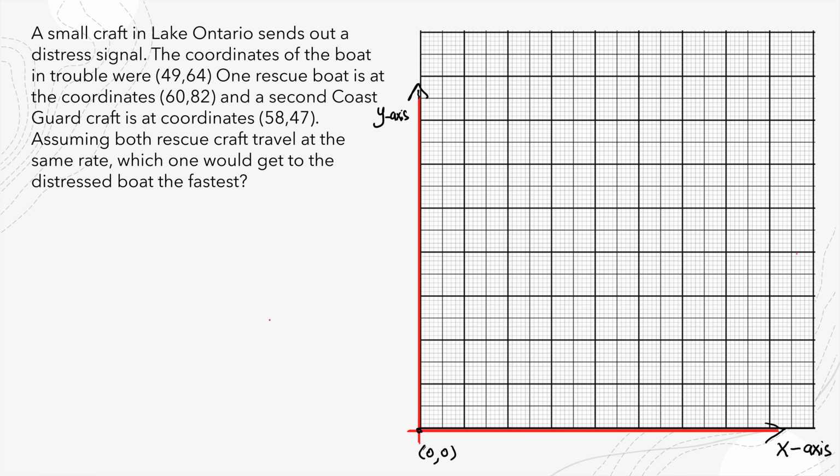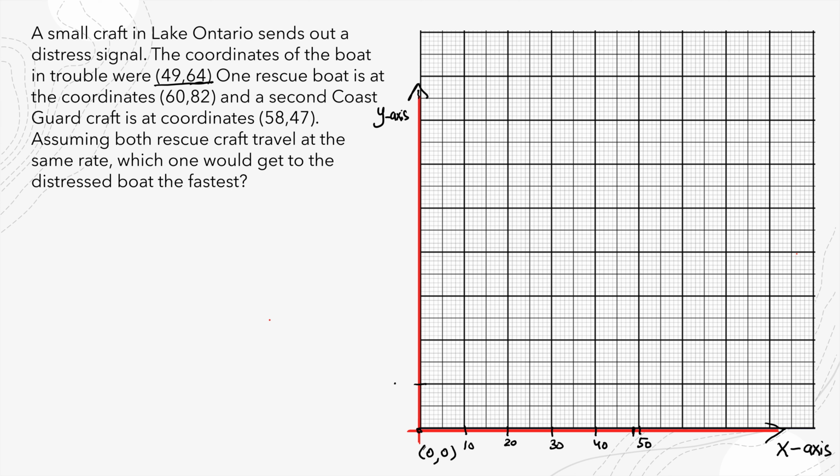First of all, let's figure out where the boat in trouble is on the graph. We are looking for the value 49 along the x-axis. So let's count: 10, 20, 30, 40, and 50. So along the x-axis, we are here. And then on the y-axis, I have 64.